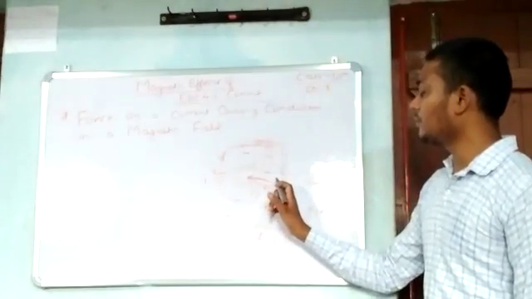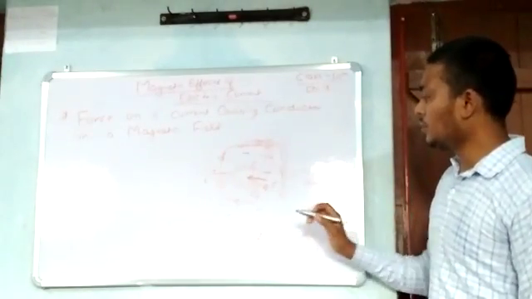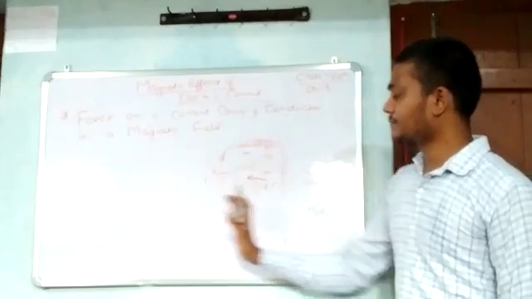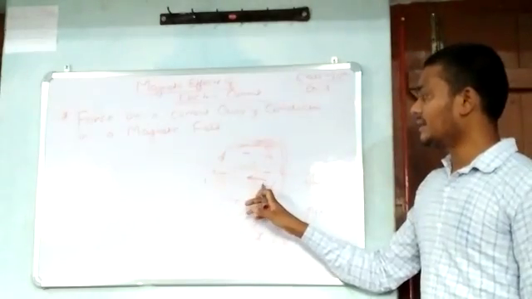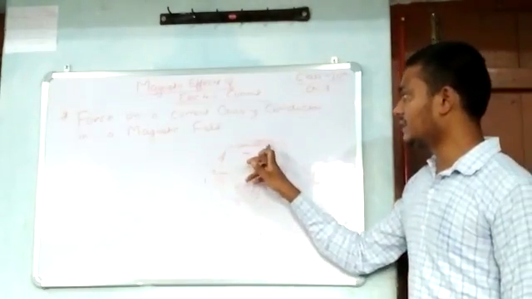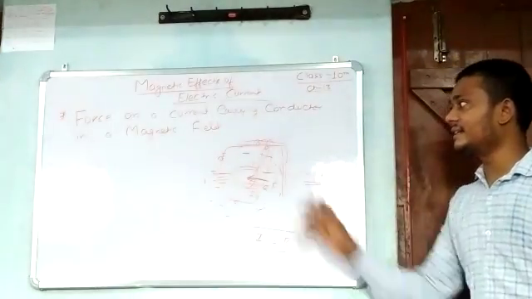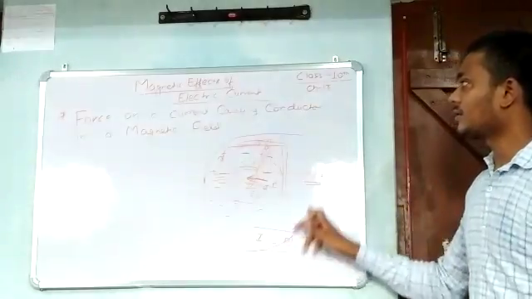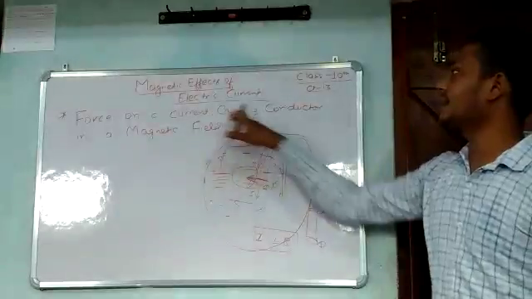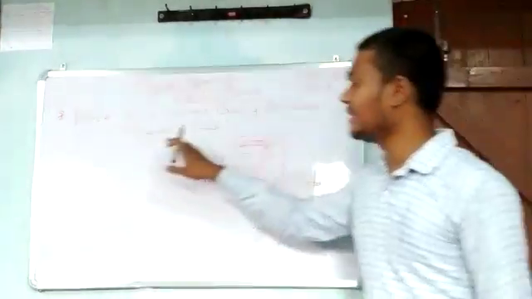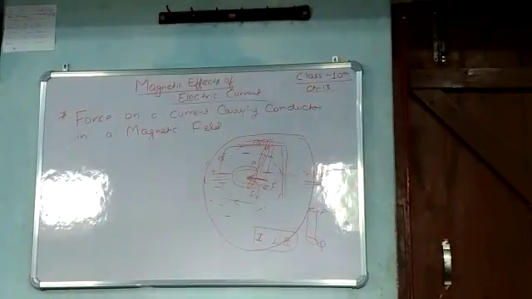It means that it is from right to left. So the rod gets displaced from that direction to that direction. Okay. Hence we can say that in this situation some force will develop whenever a current carrying conductor is placed in a magnetic field. Okay.